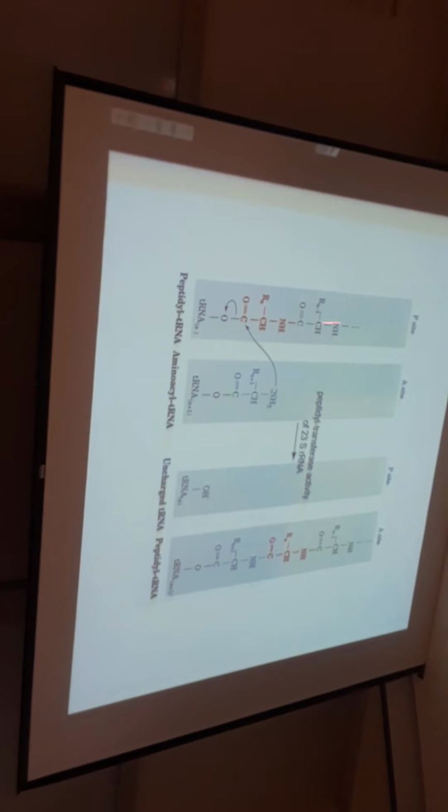So we will have our peptide first at this position when a new amino acid comes in, and at this point the peptide and the new amino acid are still bound to their tRNAs. This would be the last tRNA at this point, and this is the next one carrying the appropriate amino acid. What happens then is that we form our peptide bond by transferring the growing peptide over from the P site to the A site.